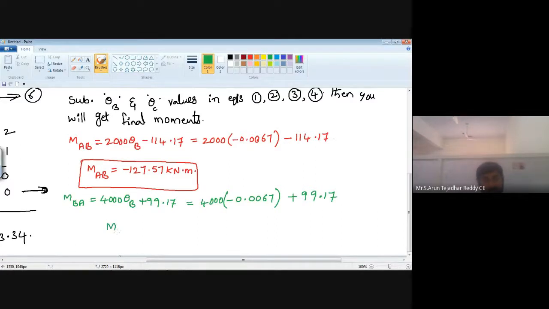Now what is the final moment for MBA? That is 72.6 kilonewton meter. So final moment MAB, MBA completed.